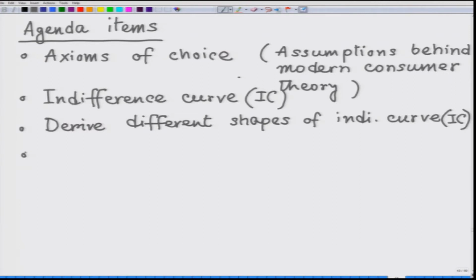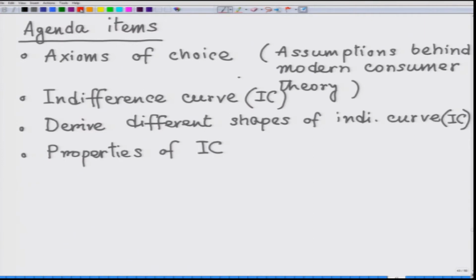Then we are going to talk about properties of indifference curve. These indifference curves are the building blocks of modern consumer theory. So, let us start with the axioms.